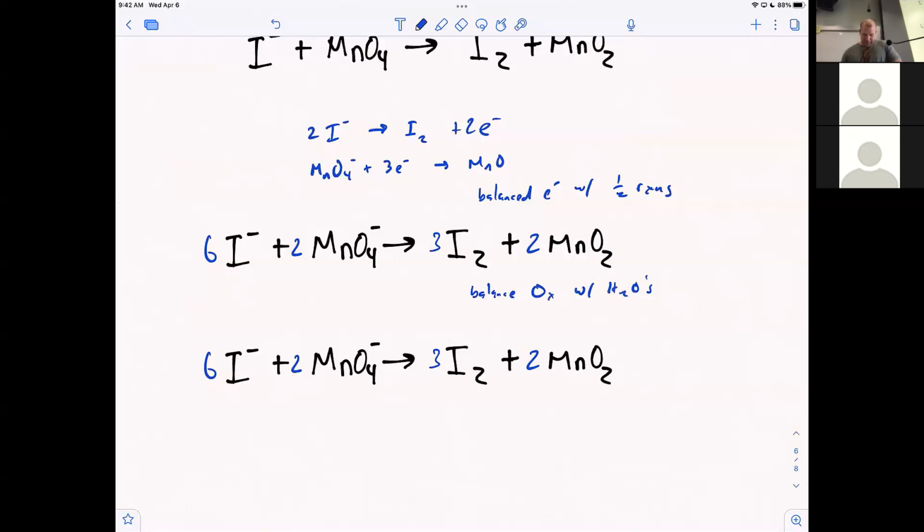So we have 2 times 4 equals 8 oxygens, and we have 2 times 2 equals 4 oxygens. So we need an extra 4 oxygens on the right. So we need 4 waters there.